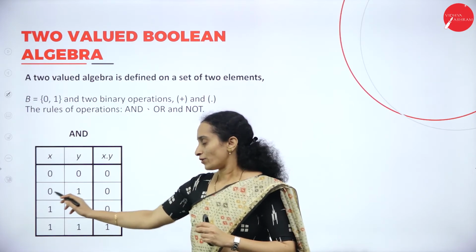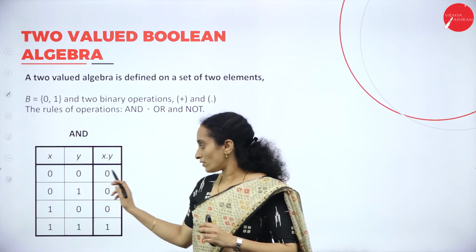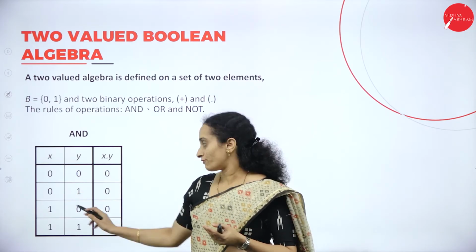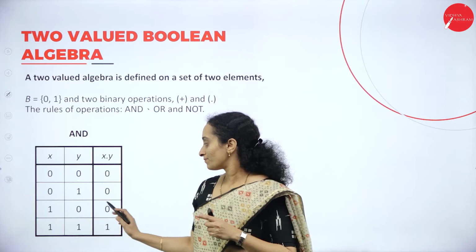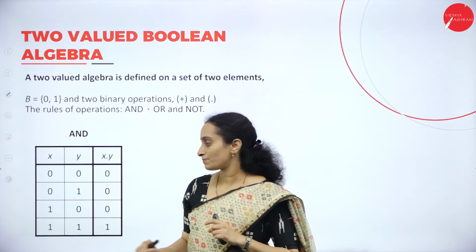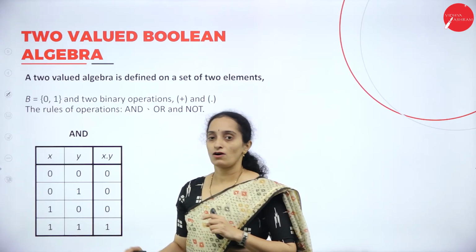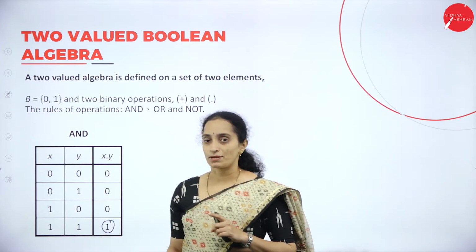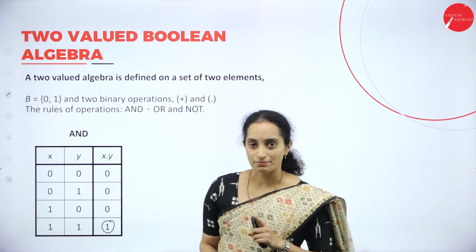If one of the operands is 0, then also it becomes 0 because the other one is not 1, not true. If one of them is false, the result will be false. If both are true or 1, then only the statement becomes 1.